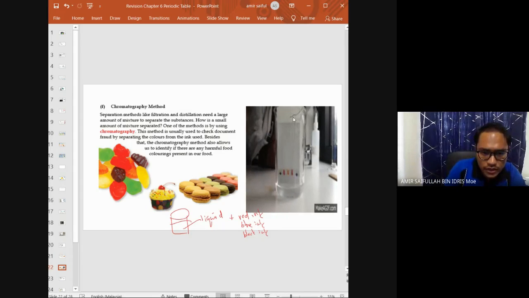So this is a chromatography paper. When you insert it, at this line there is a chemical that will absorb. Let's say this line has a chemical that only absorbs red. So it will absorb all the red ink found in the water.